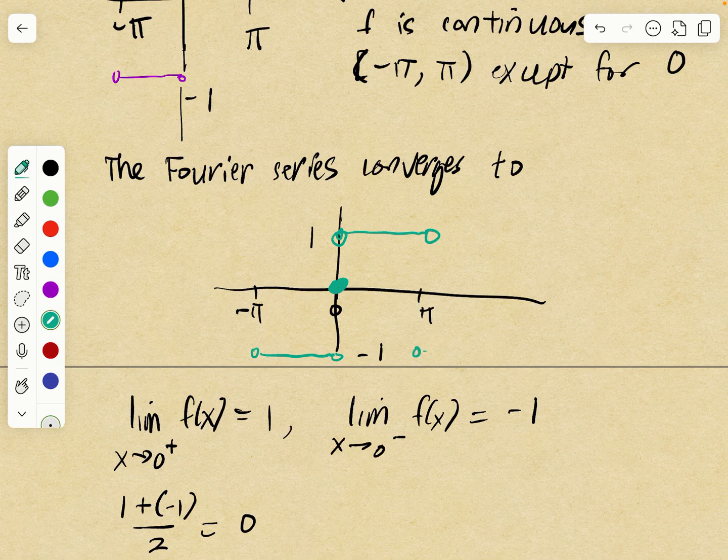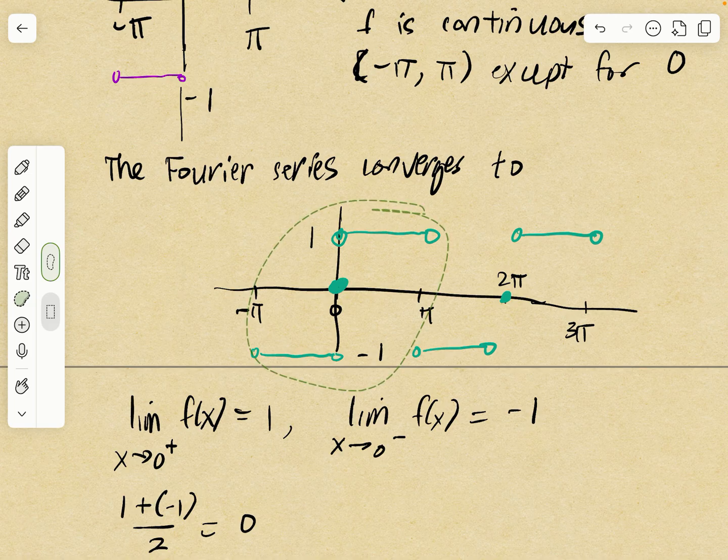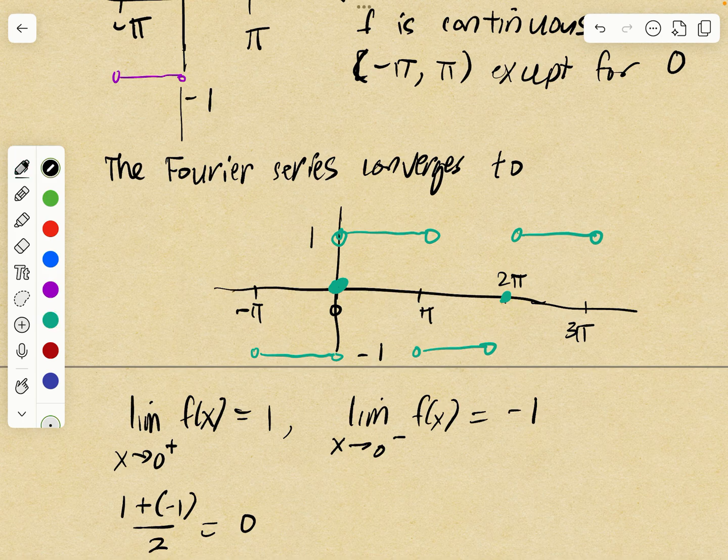So it's going to go from pi to 2 pi like this, and then from 2 pi to 3 pi it's going to be like this, and it just keeps going on forever, right? You just take this and shift it over to the right and to the left forever, and that's what the Fourier series will look like if you were to graph it.